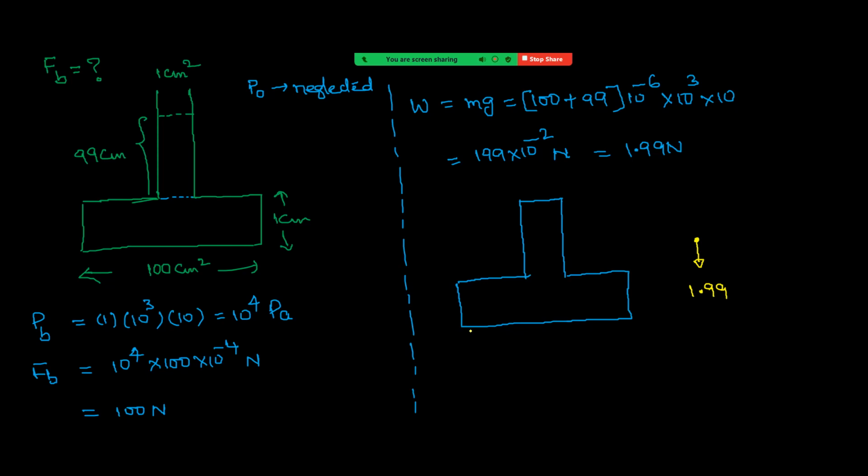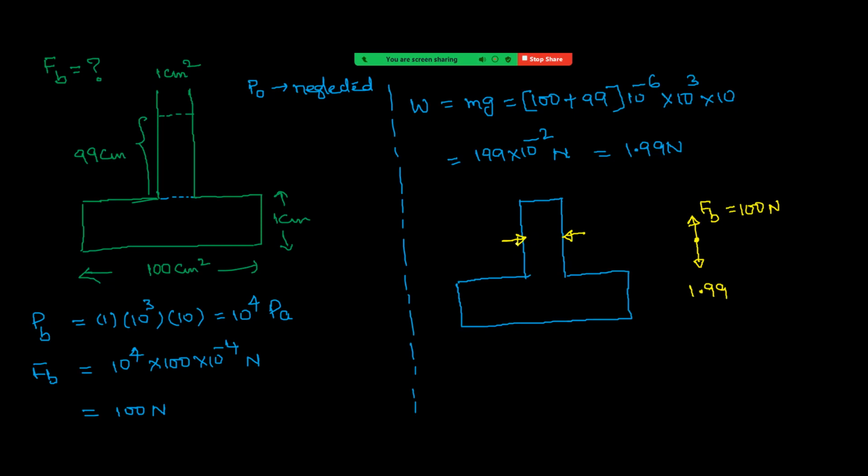Next, the force by the bottom of the vessel on the liquid upwards, which is equal to 100 Newton. So this is the force by the bottom of the vessel. Now focus on the force by the vessel here. It is horizontal in all directions. By this part of the vessel on the liquid, the force is only along horizontal.